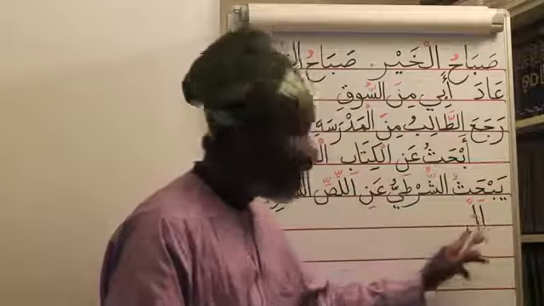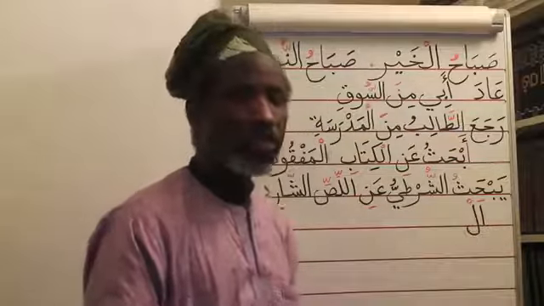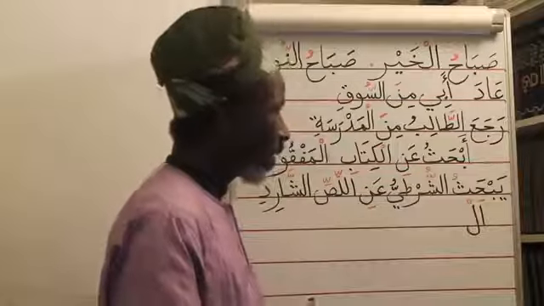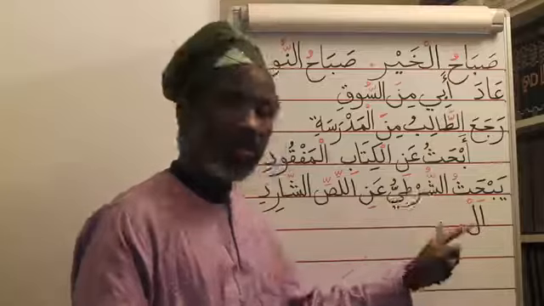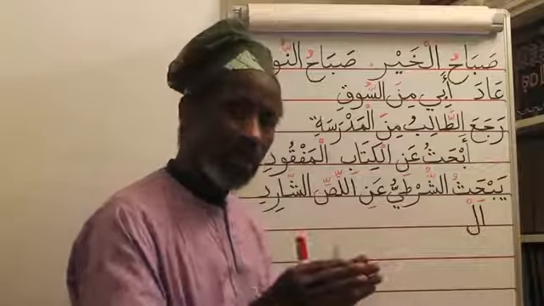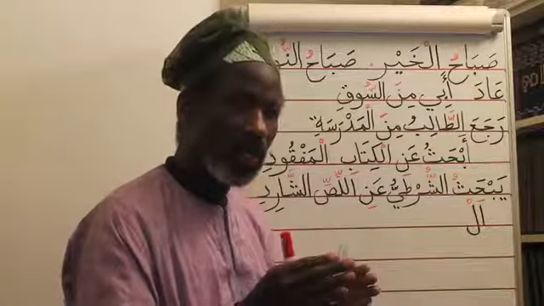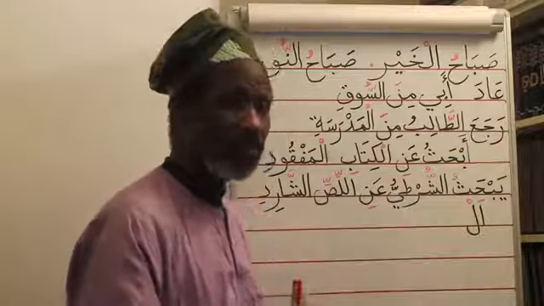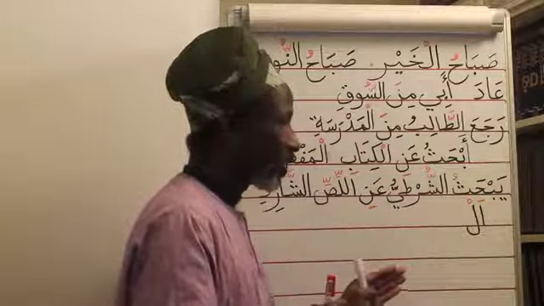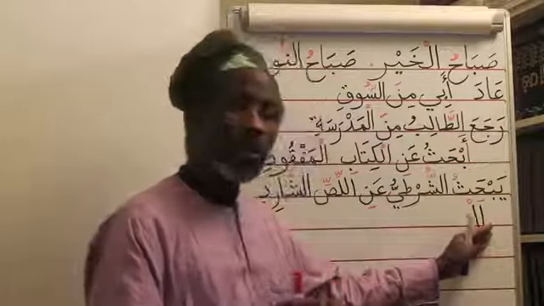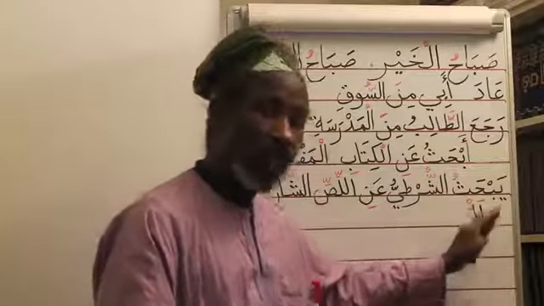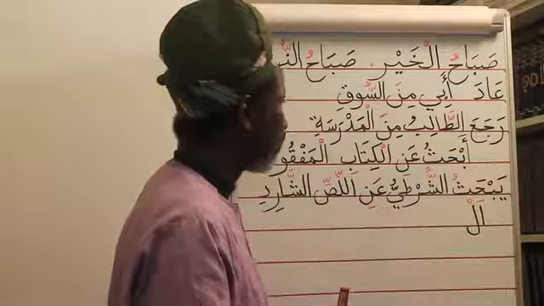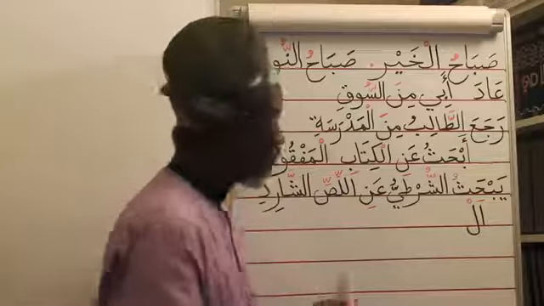Let's look at them individually, these two letters. The alif remains to be pronounced only when you start your sentence with it. If it is at the beginning, nothing else relating to that alif from the right. Such as, I give you an example.